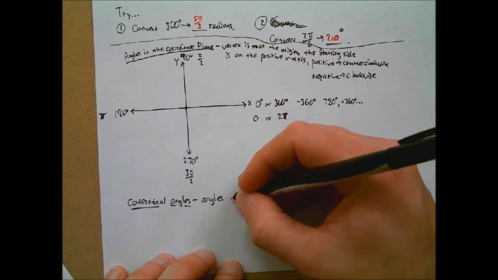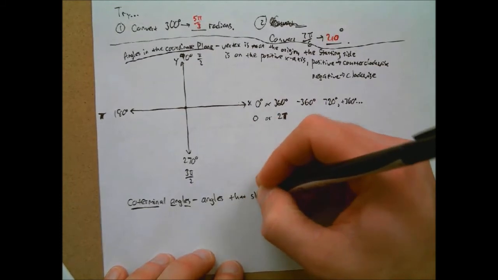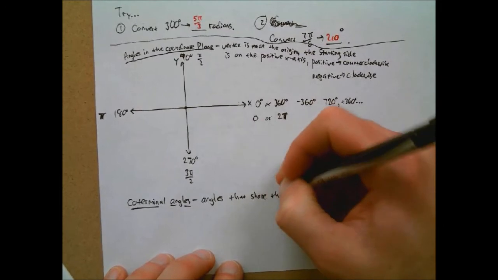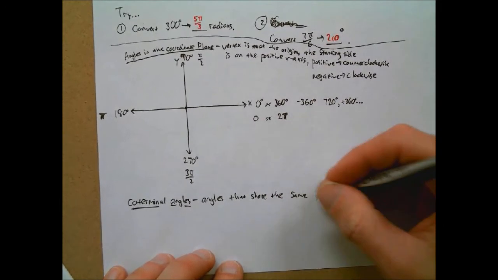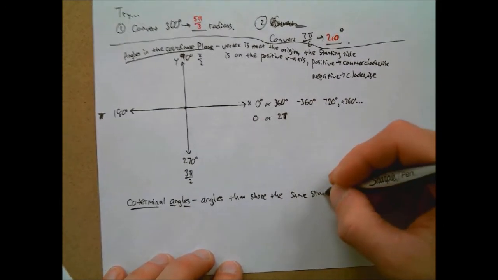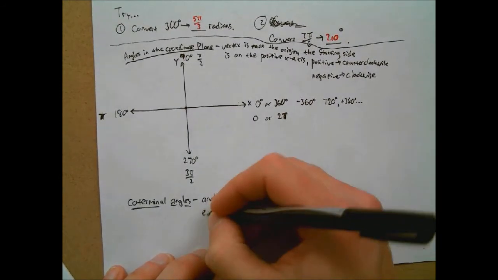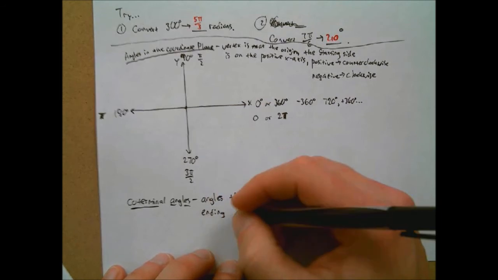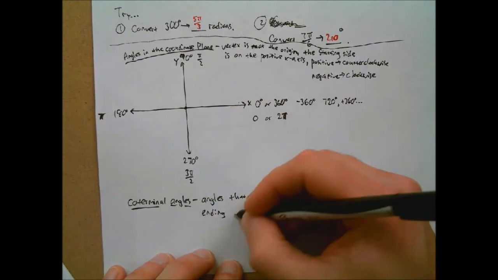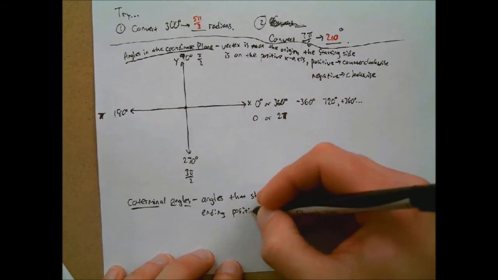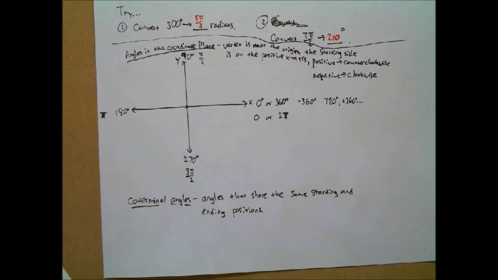Angles that share the same starting and ending positions. Which is kind of weird to use that word terminal, right? Because when you think of something terminal, normally you think that's the end.